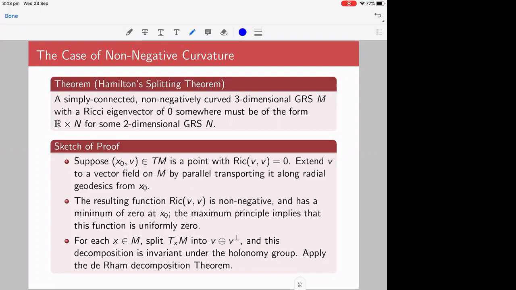Another way around this that I've seen is you do the same thing where you extend your vector v to be a vector field everywhere, and then using the same sort of maximum principle arguments, you can show something about the corresponding 1-form. If omega is the 1-form corresponding to the vector field v, then it turns out that this 1-form is closed.